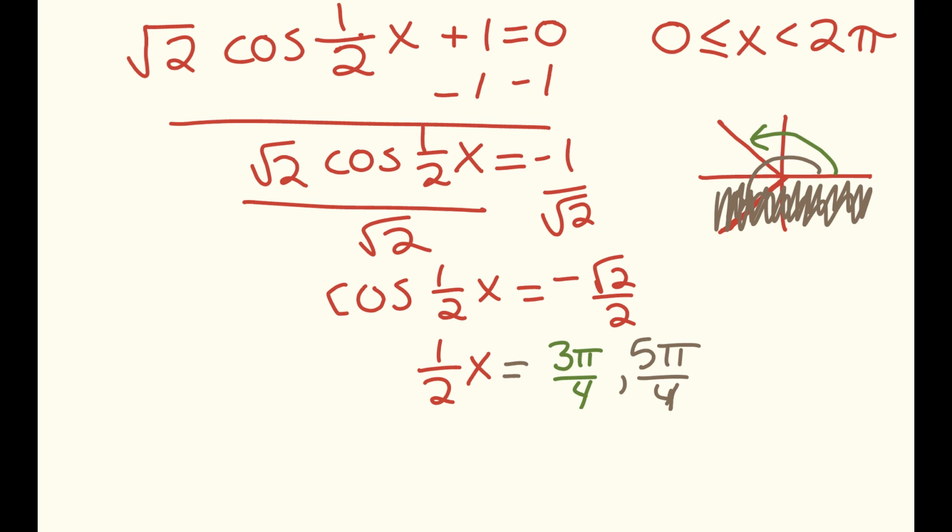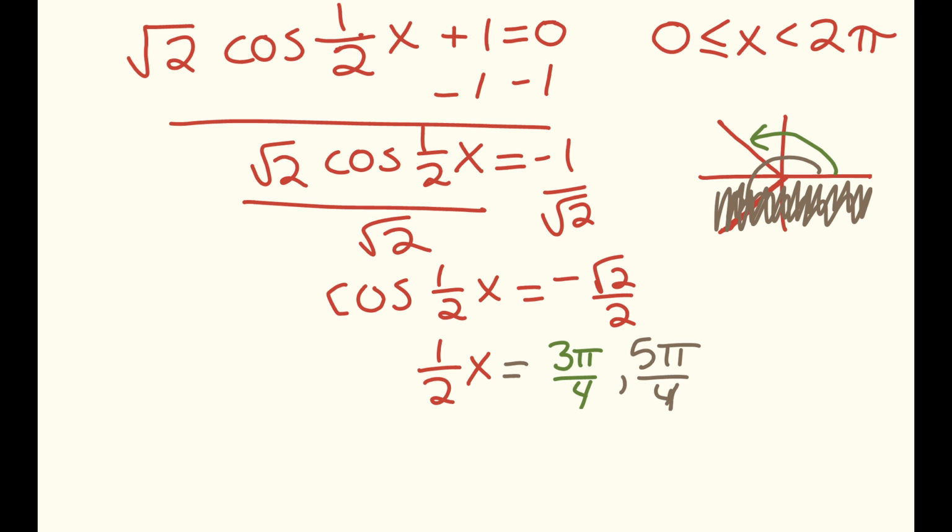So at this point, you could cross that answer out, or if you weren't sure, because especially if this 1/2 is something like a 1/3 or 1/5, it can be harder to tell what portion of the unit circle that is, it's fine to keep going at this point and solve for x.